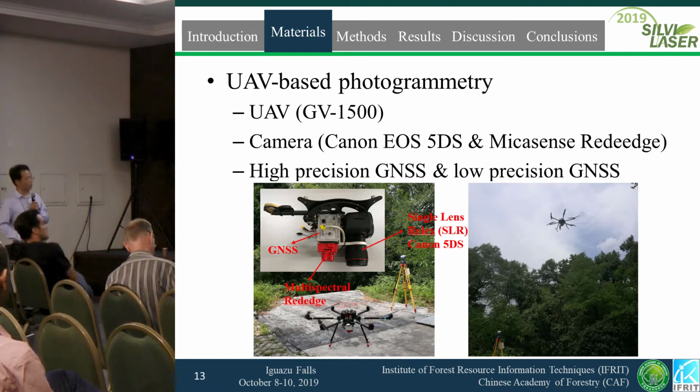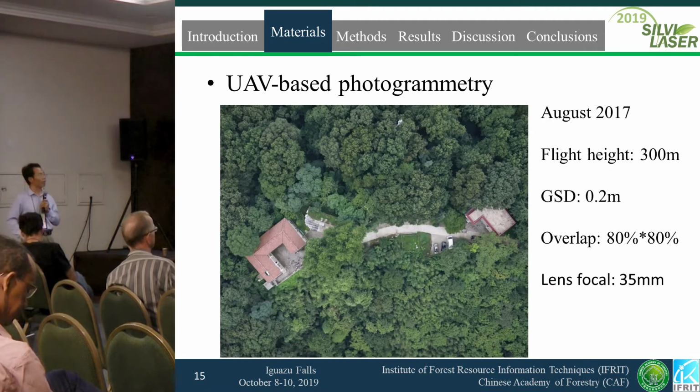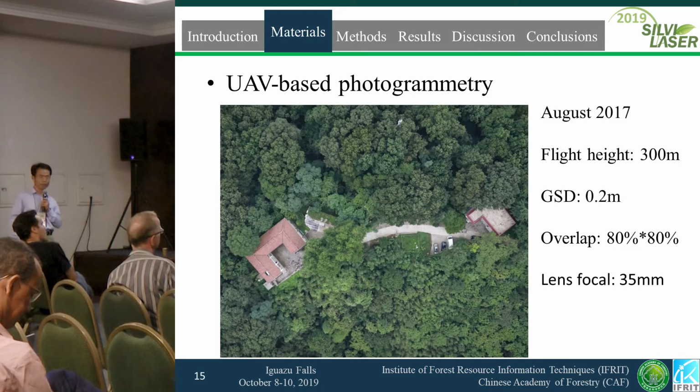Here we only use the high resolution camera. This camera is 50 million pixels. It's very high resolution. The flight height is about 300 meters, and the ground resolution is 23 centimeters.